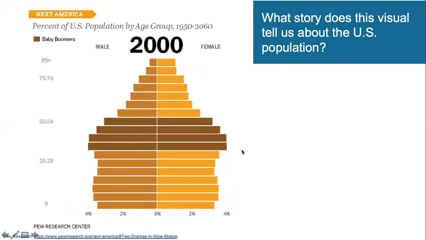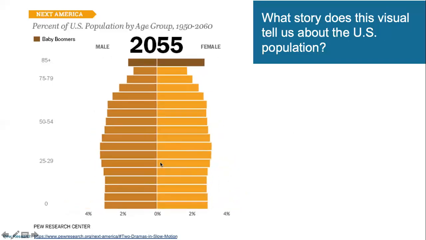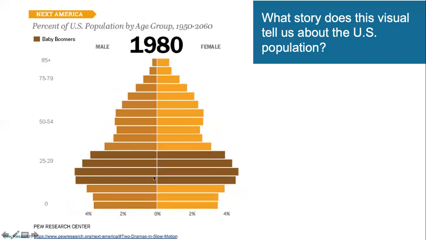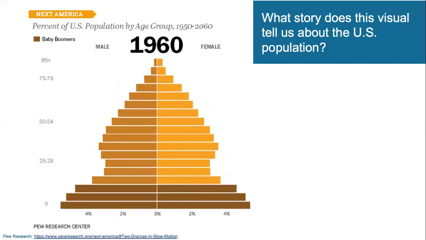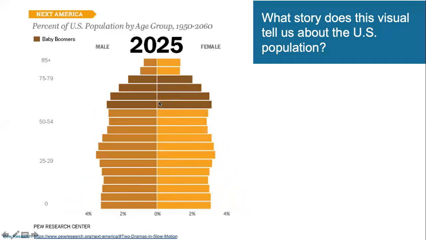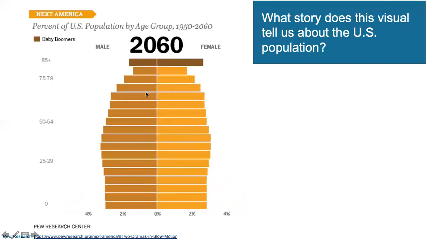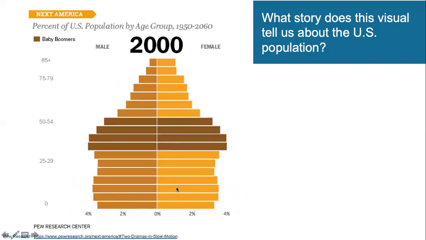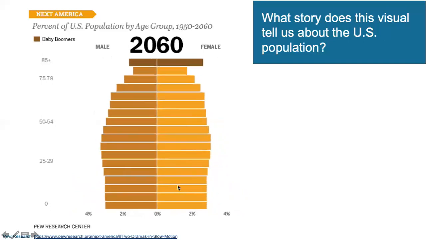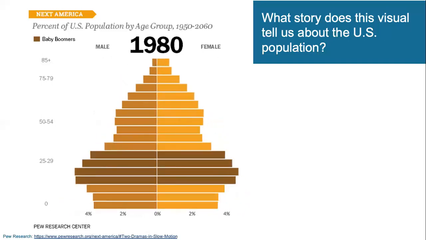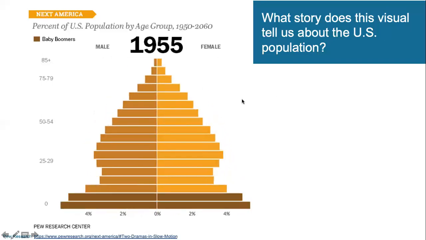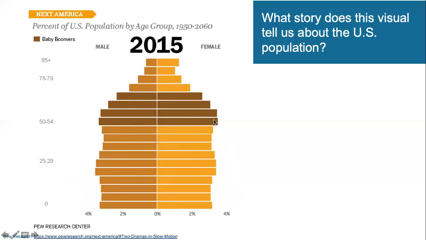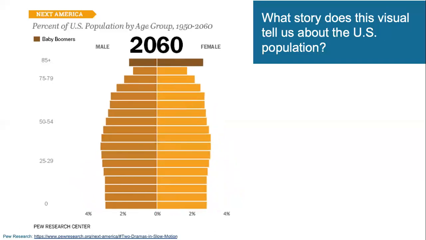Right. So when the baby boomer population was first born, there's this huge youth bulge, which, as the baby boomer population ages, we're losing. And by about 2025, they're no longer going to be the largest cohort.